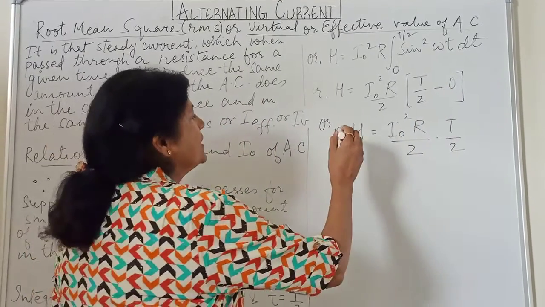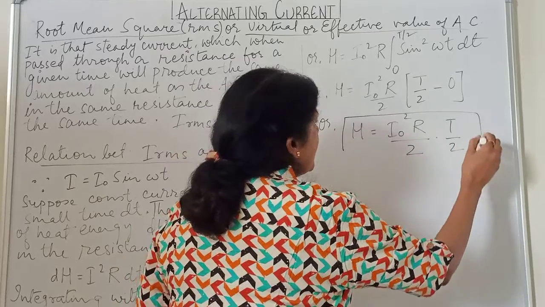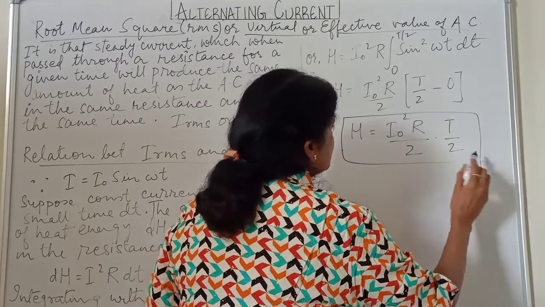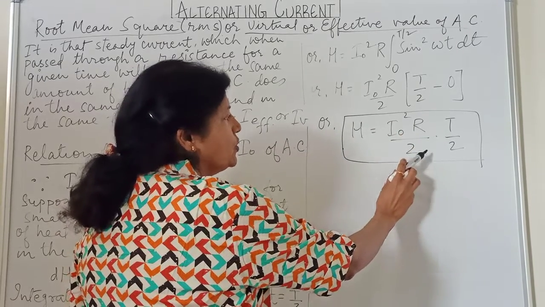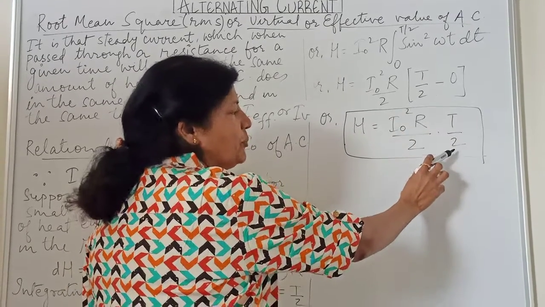Here we are getting H is equal to I naught square R upon 2 into T upon 2.